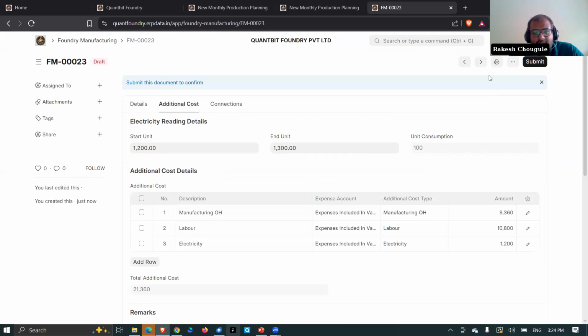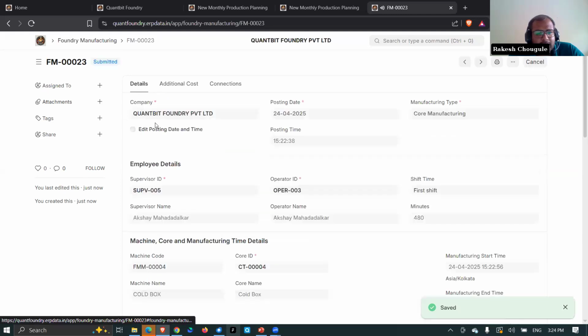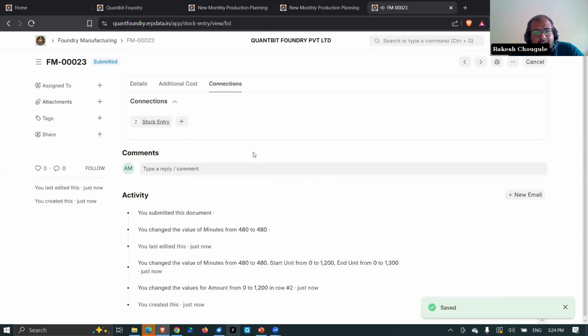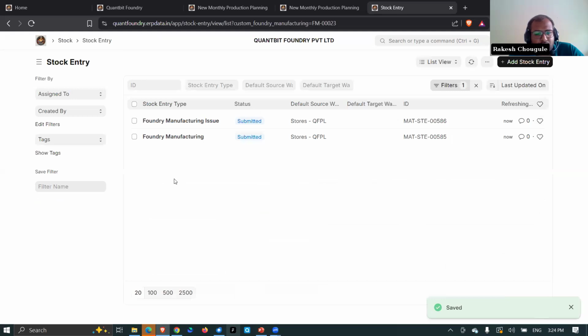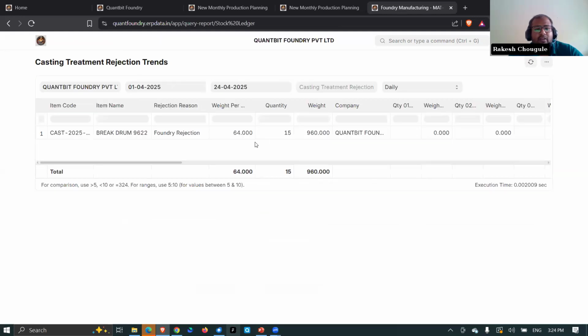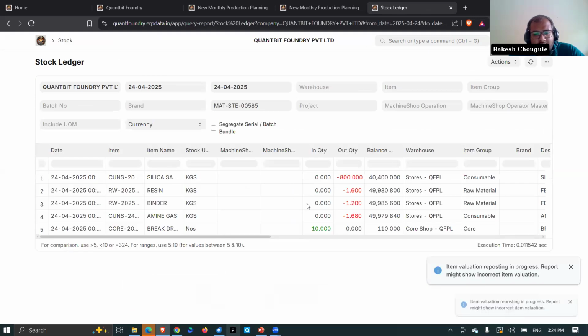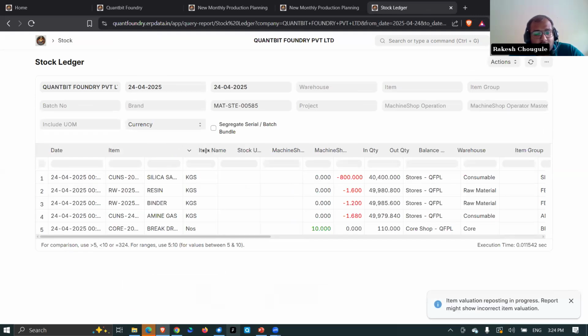Now if I save it, you can see directly that stock has been produced and my raw material will be consumed by the finished product. Here you can see in the stock ledger, my production of 10 cores is done.